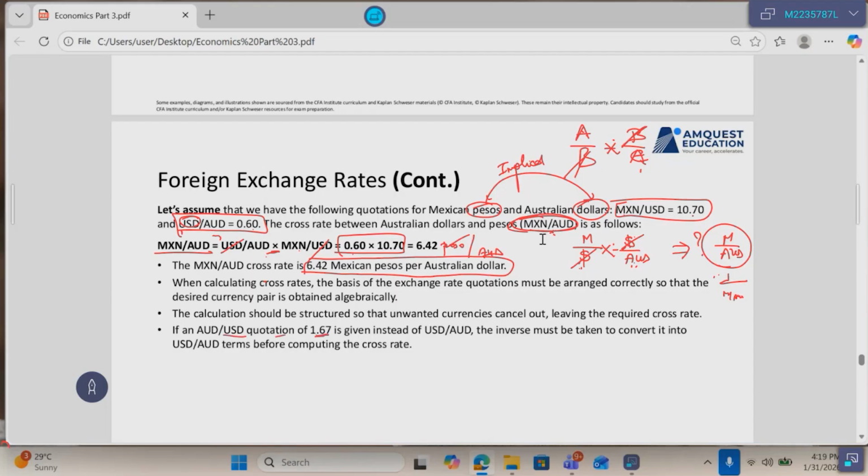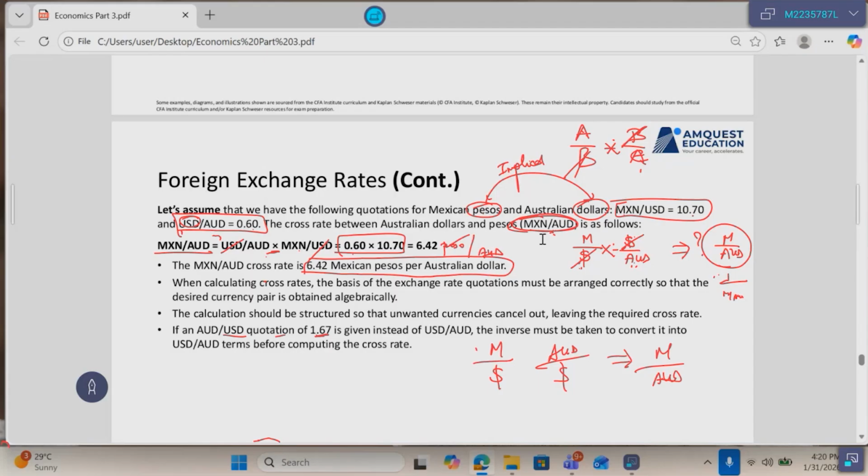Okay. Here, this was a fairly simple one because they gave it to you straightforward. But let's say I give you Mexican to dollar and I give you Australian to dollar. I give you these two and I am saying find out for me Mexican to Australian dollar. So kya karo? What to do? Simple.